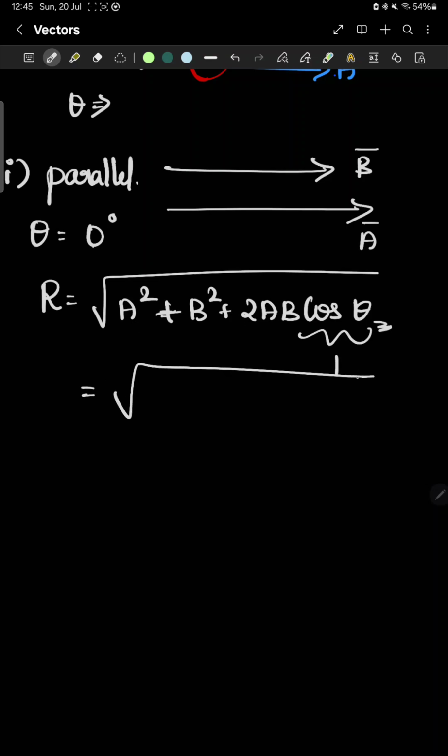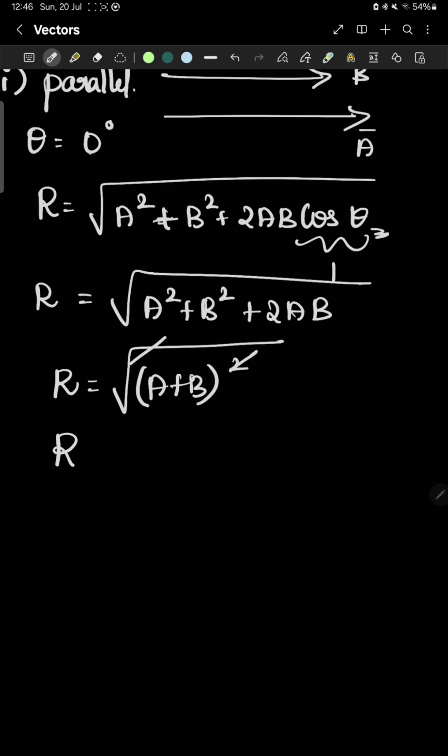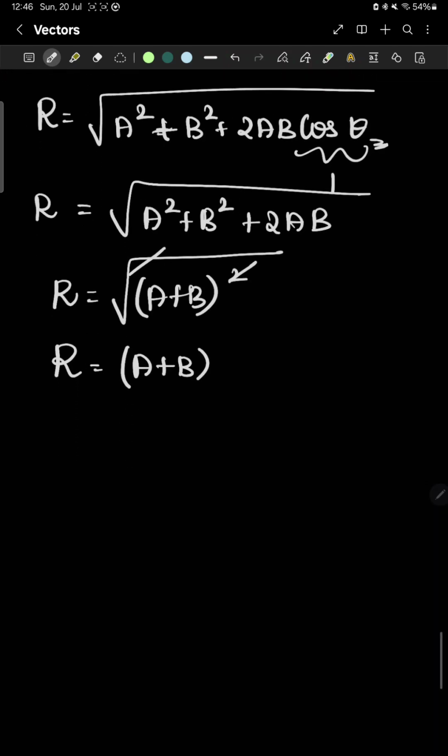So that will be A square plus B square plus 2AB under the root, right? It is similar to the formula A plus B the whole square under the whole root. So I can cancel it out. Finally the resultant value will be A plus B, the final value of the resultant vector of the two vectors.